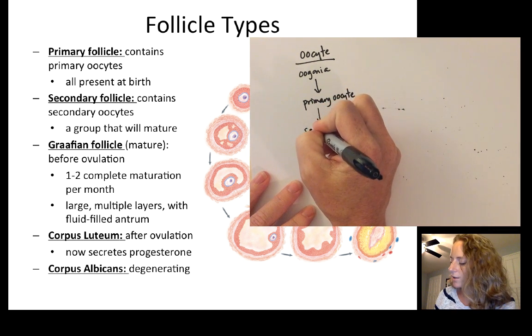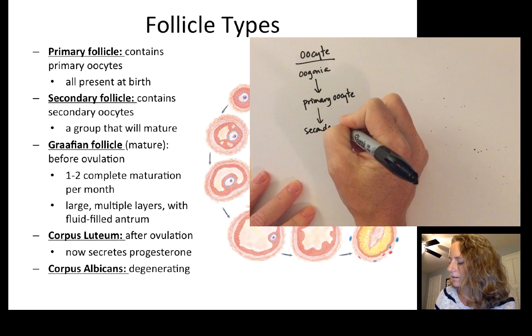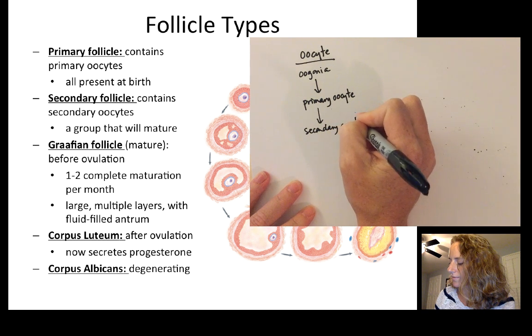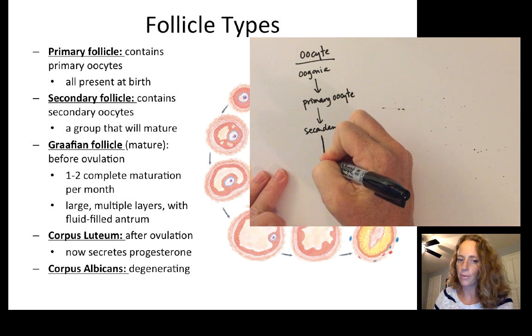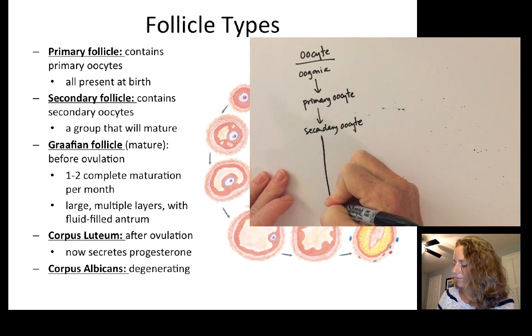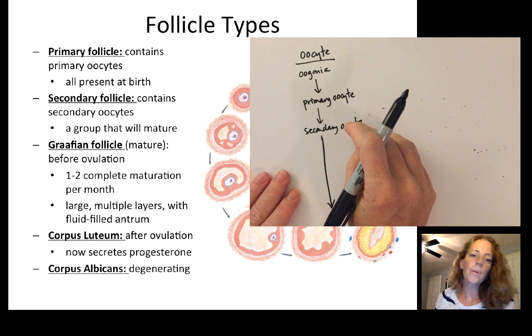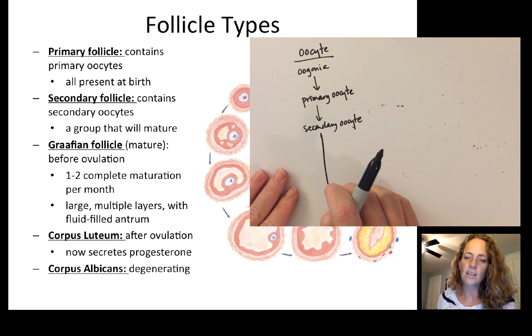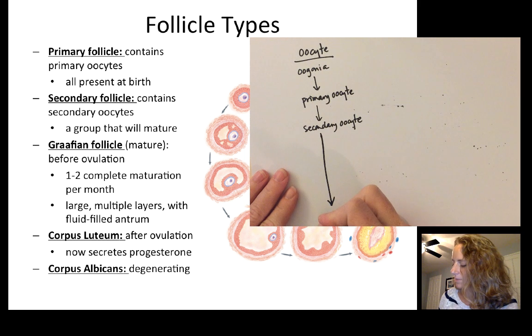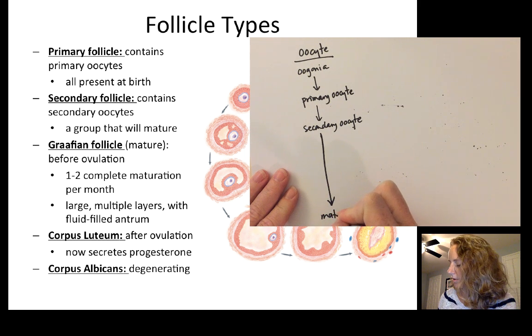That secondary oocyte is what gets carried all the way through ovulation and waits for fertilization. Only if fertilization happens does it become a mature ovum.